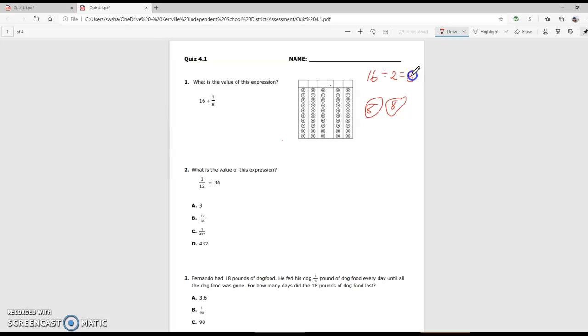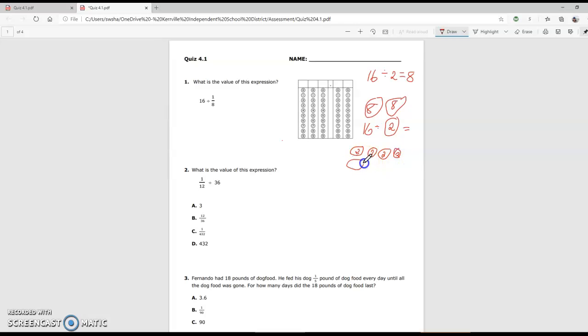Or another way to think about this is, if I have 16 and I want to divide it into groups in which each one has 2, how many groups would I have? Each group has 2 in each one. How many groups would you have?